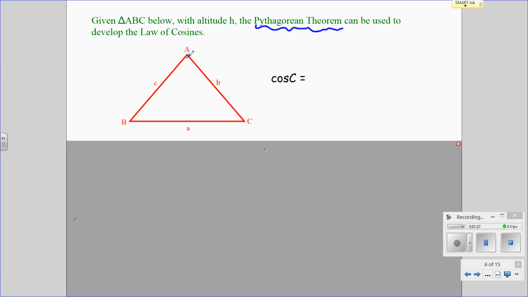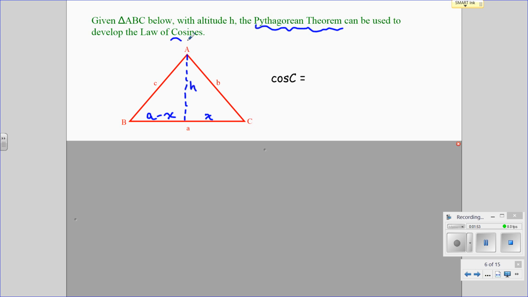And in order to use it, we're going to have to split this triangle into two right triangles. So what I'm going to do here is just say that this is the height of our triangle, and therefore I've split this bottom side into two. So if we call this length x now, then I could say this side is a minus x.